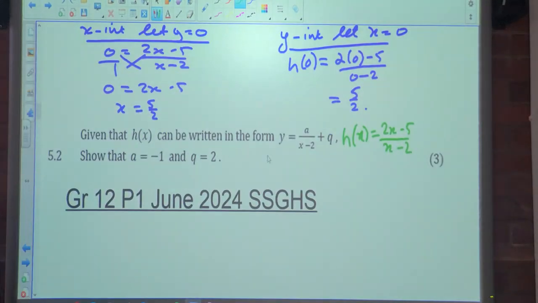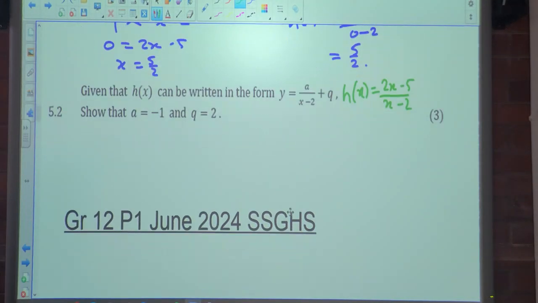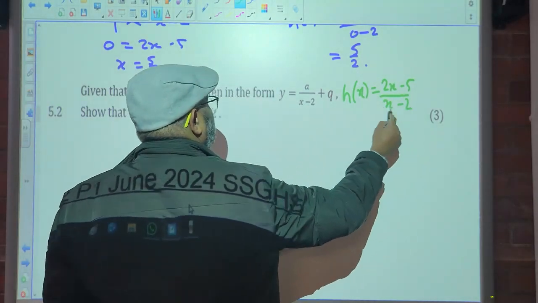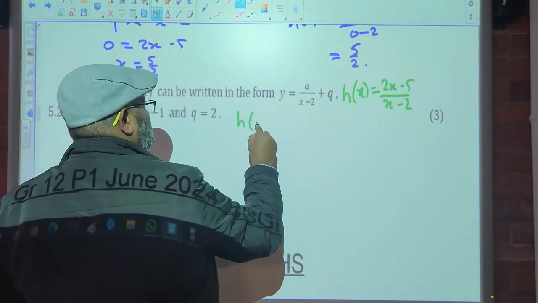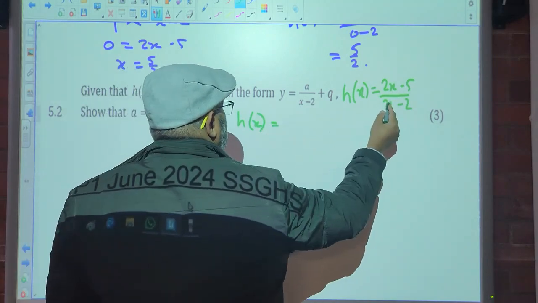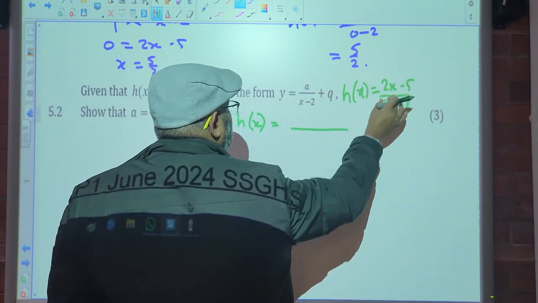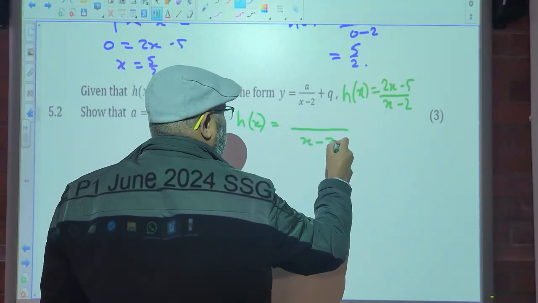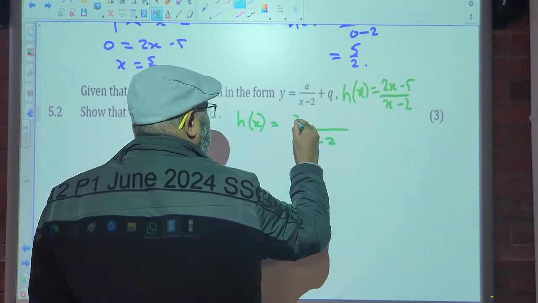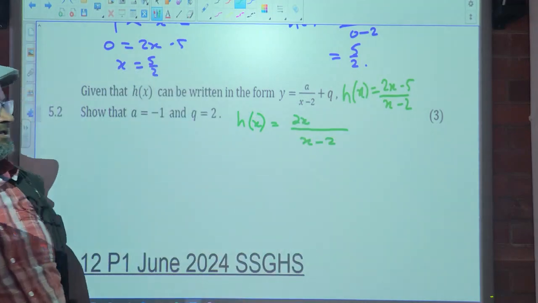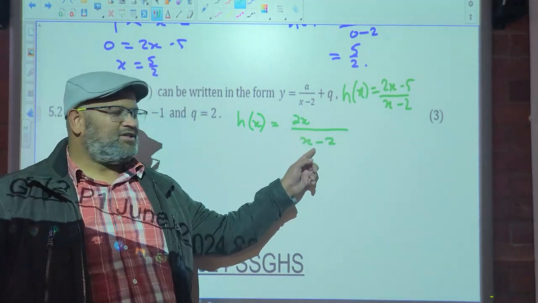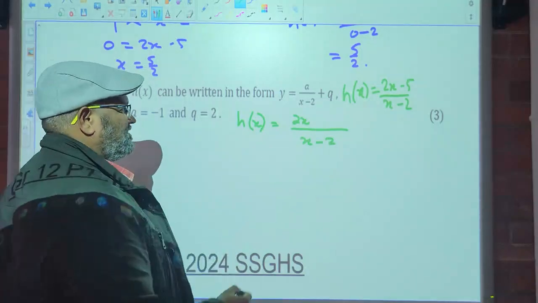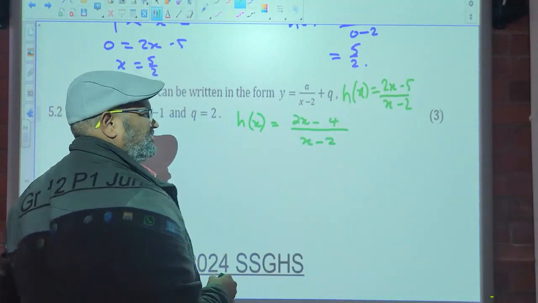So what I do is I say, okay, this here can be written as h(x) equals. So I'm going to find a factor here. Okay? So we know that if you've got x - 2 and we have the 2x here, what am I shooting for this to be divisible by the numerator? Shooting for -4. Not so?